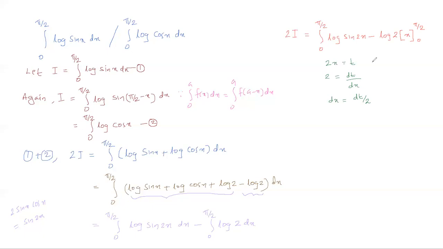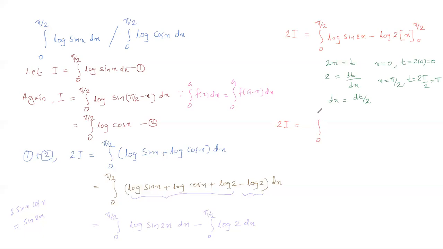When x is equal to 0, t is equal to 2 into 0, which is 0. When x is equal to pi by 2, t is equal to 2 into pi by 2, which is equal to pi.